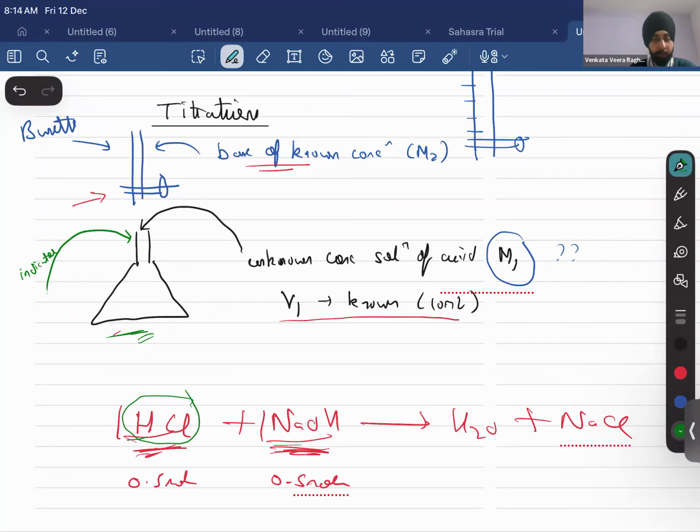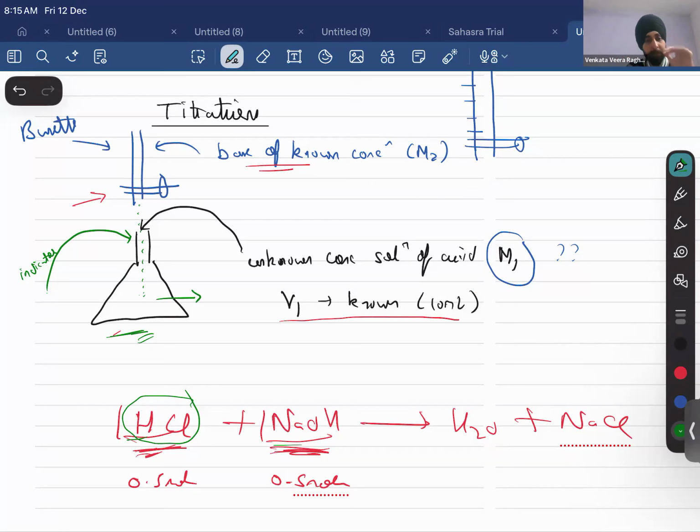And once this acid is completely finished, only the base will be left. I'm adding my base drop by drop, and I just added one more drop and got some change in color in this conical flask. Previously, the conical flask had a different color, due to the presence of the indicator.